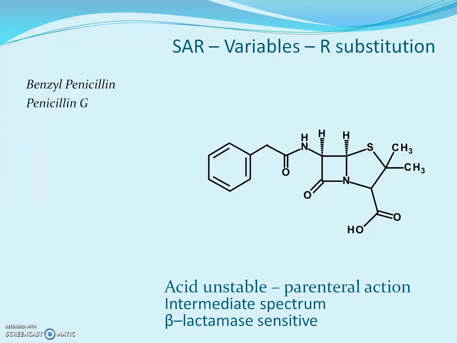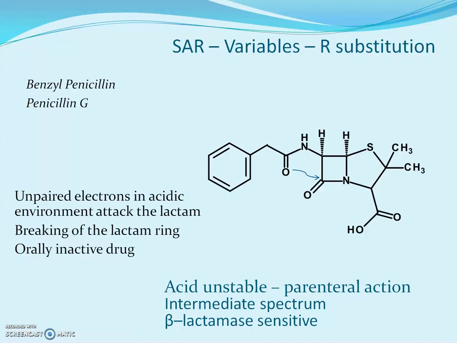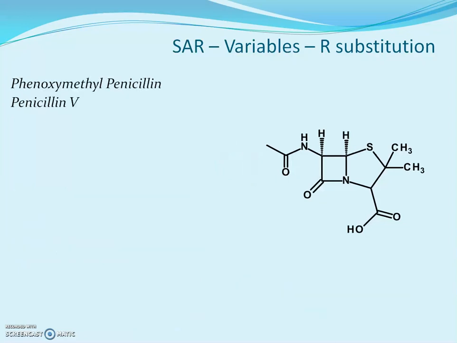This drug is called benzyl penicillin, also known as penicillin G. The unpaired electrons here in this O will attack this carbonyl in acidic environment, thereby causing the breaking of the lactam ring, and thus we'll have an orally inactive drug. Also, because it cannot prevent the attack by beta-lactamase, again it is inactive. So it is beta-lactamase sensitive, it is acid unstable, can only be given parenterally, and it has a very good action actually, known as intermediate spectrum of action.